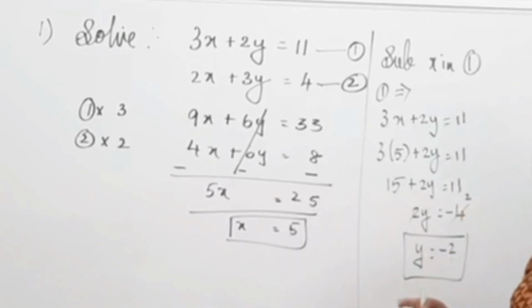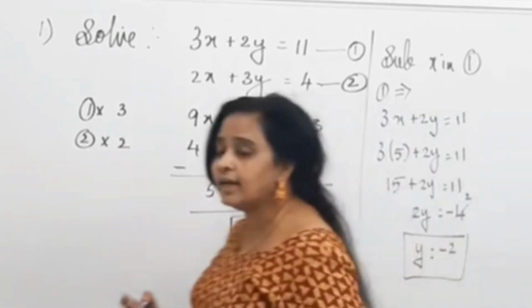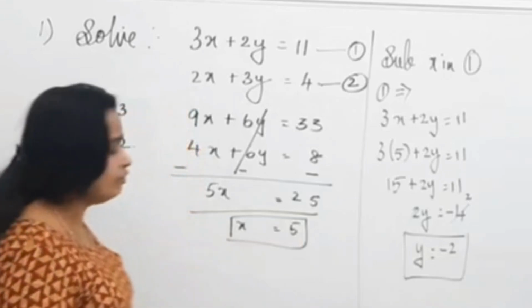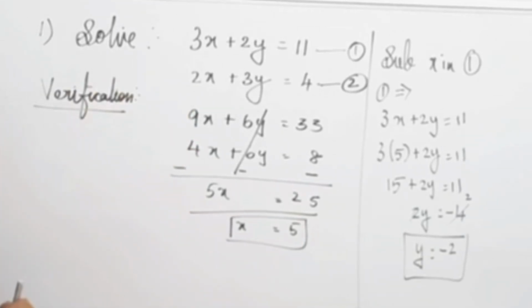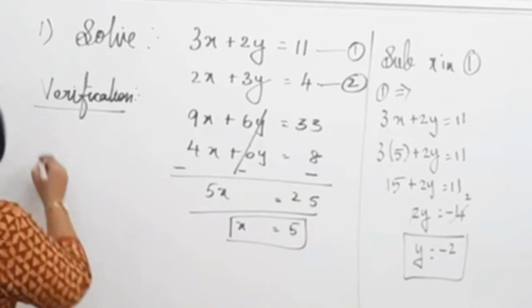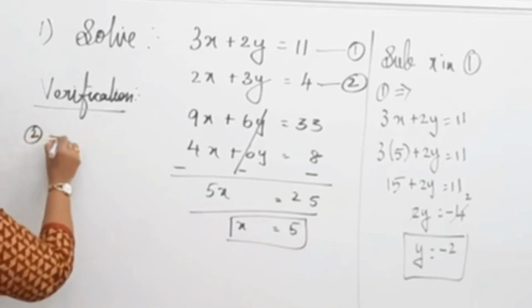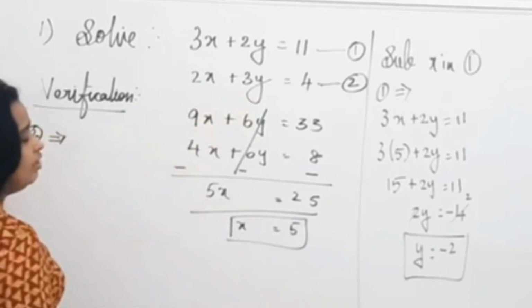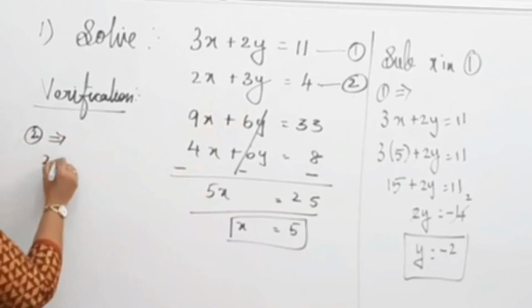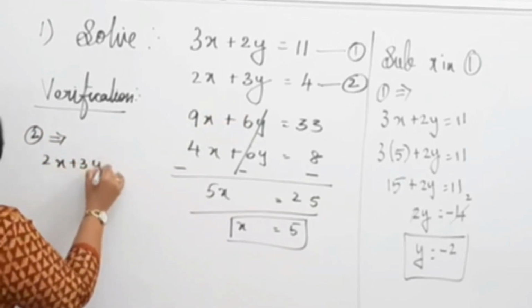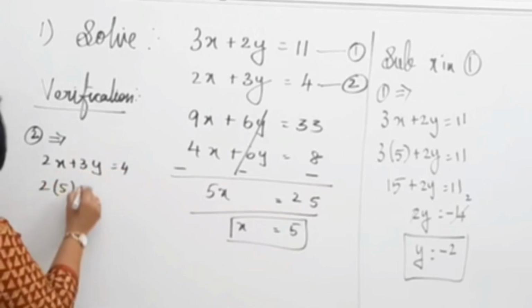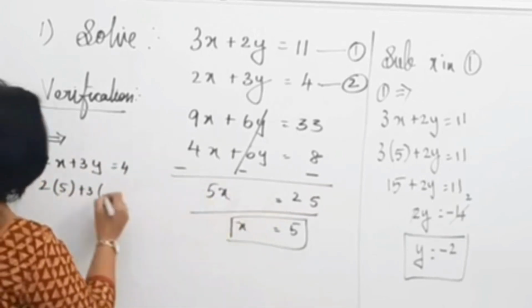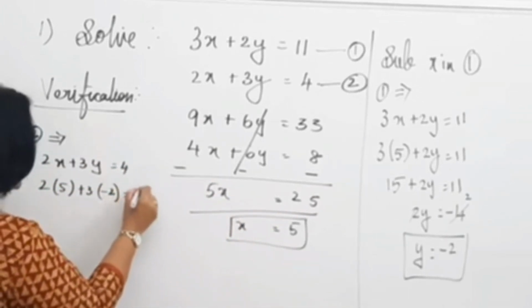Now I can verify whether my values are correct or wrong. How to verify it? I would substitute my x and y values in any one of the equations. Let me take my second equation, as I have already taken the first equation. So my second equation says 2x plus 3y is equal to 4, and 2 into 5 plus 3 into y, which is minus 2, I should get 4.